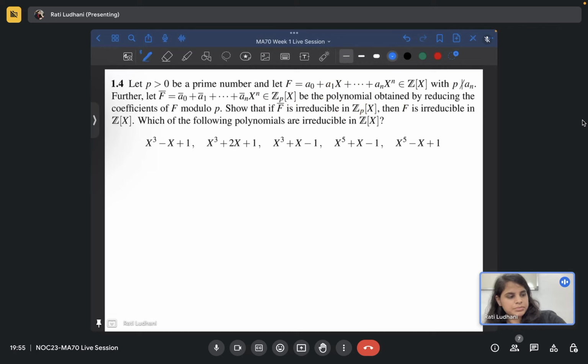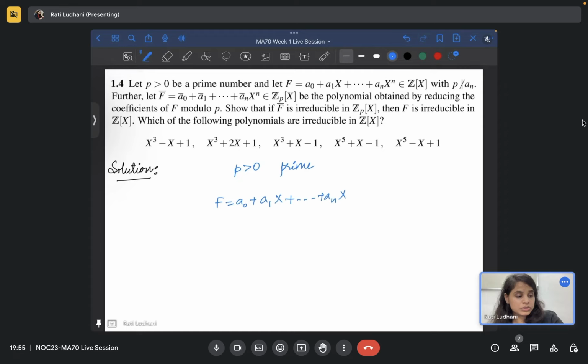Okay, so let p be greater than 0, a prime number. You have this polynomial a_n x to the power n, in the ring of integers, and you know that p does not divide a_n.